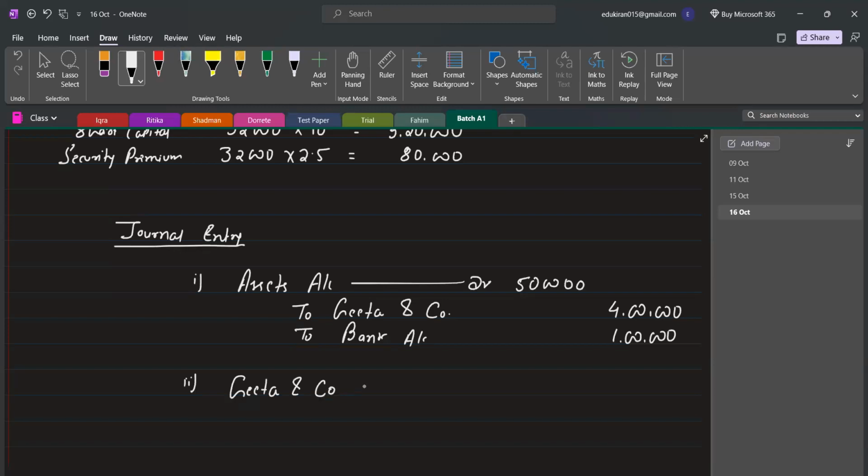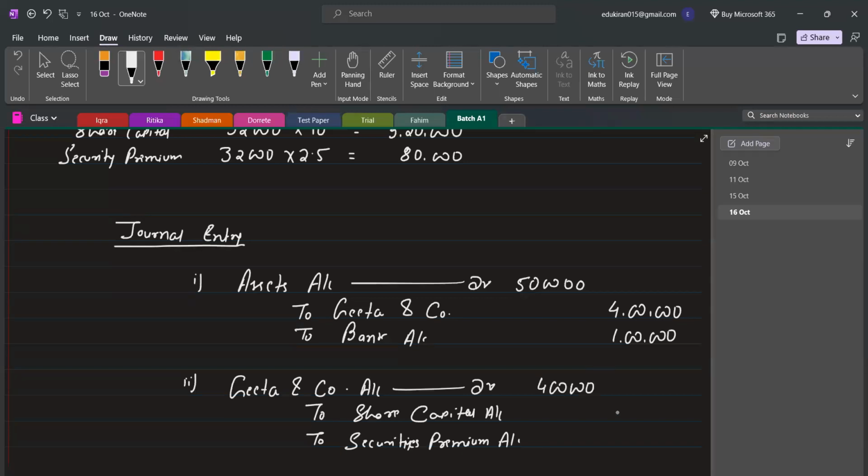Geeta and Company account debit to share capital and to securities premium reserve account. So 4 lakh Geeta and Company, 3,20,000 share capital, and 80,000 securities premium.